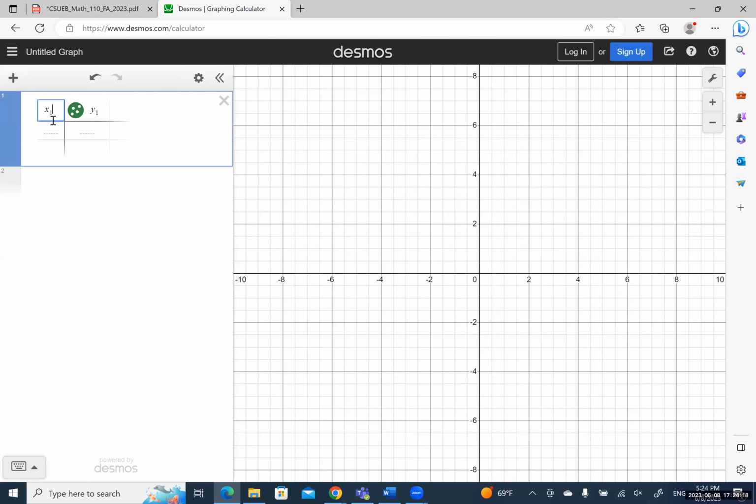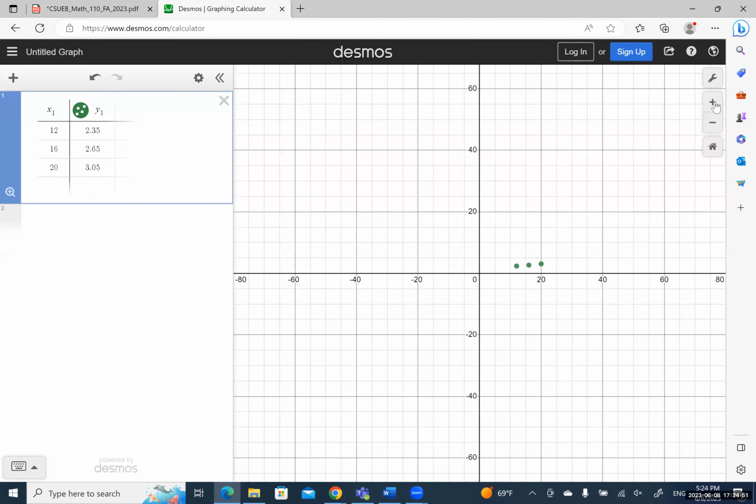So the x1 in here is actually the size. So I'm going to put down the size was 12, and the price is 2.35, and I have 16, and then 2.65, and I have 20, then I have 3.05. So let's see what I have over here.